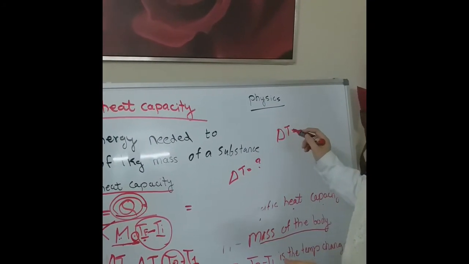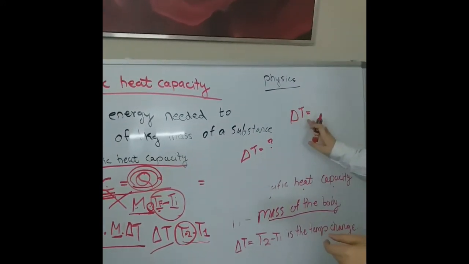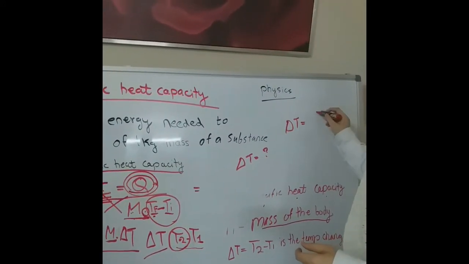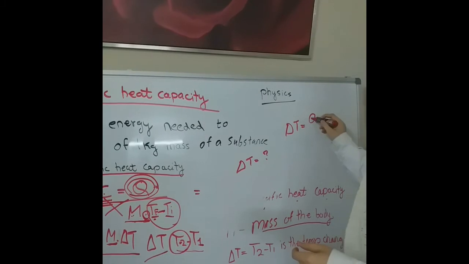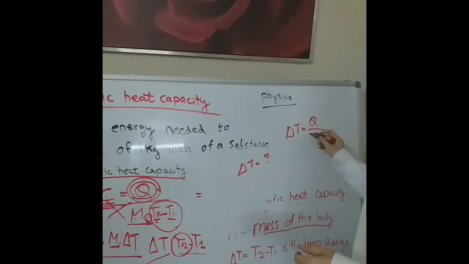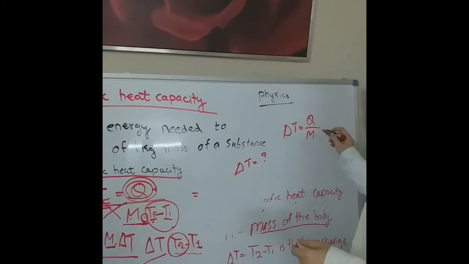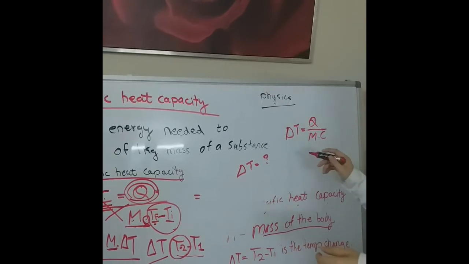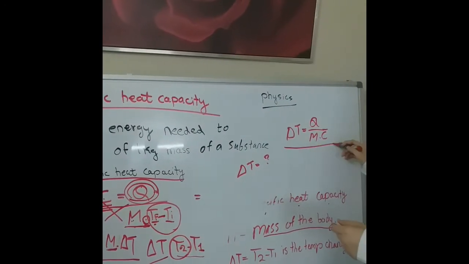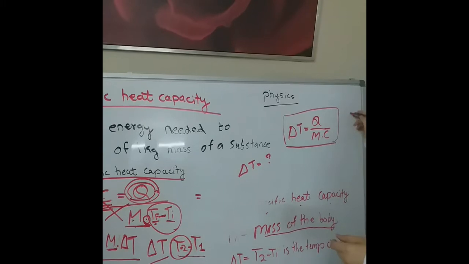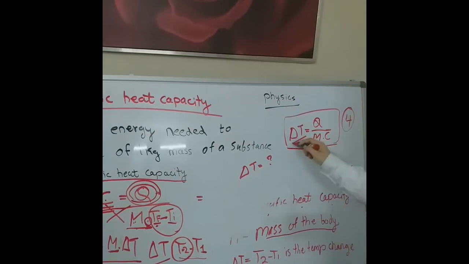The change of T equals Q over mass times the specific heat capacity. Okay, that means we know the fourth formula for the change of T.